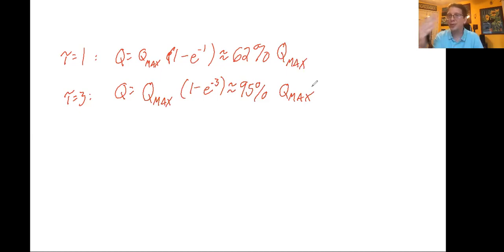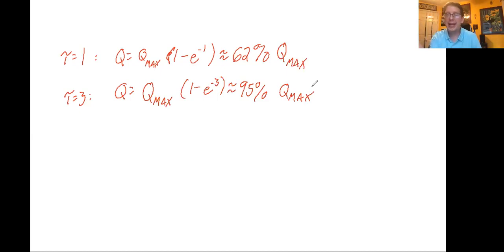And between tau equals 2 and tau equals 3, you've gotten 62% of whatever charge you had left at tau equals 2, and then so on. So basically, after an interval corresponding to 1 time constant, you've accumulated 62% of whatever charge there was left to accumulate.